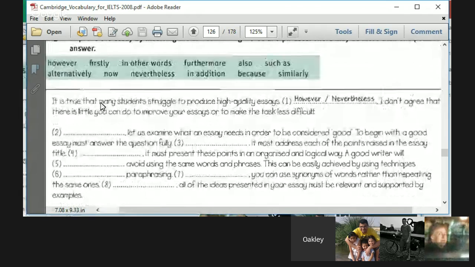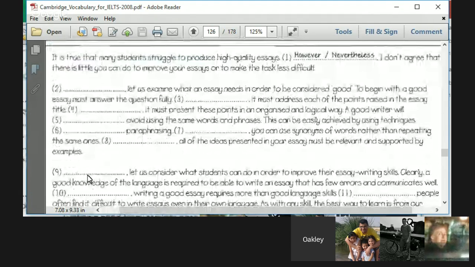That's the key here. Remember, firstly, let us examine what an essay needs in order to be considered good in our first paragraph. Now, blank, let us consider what students can do in order to improve skills.